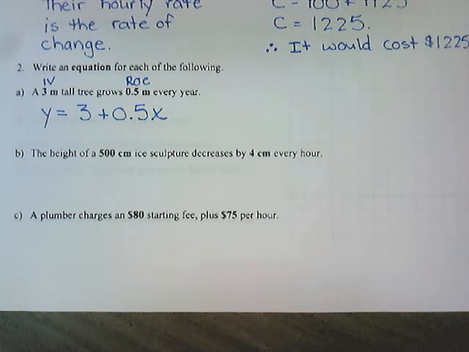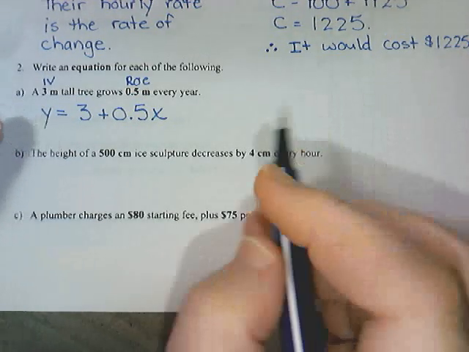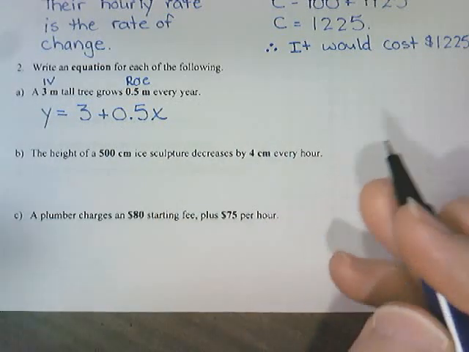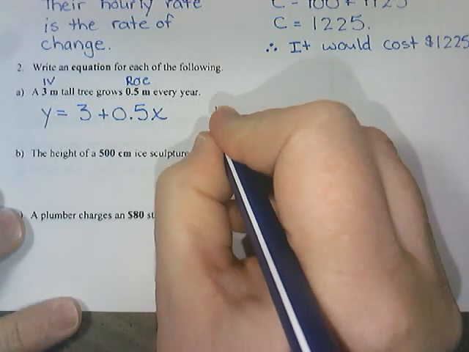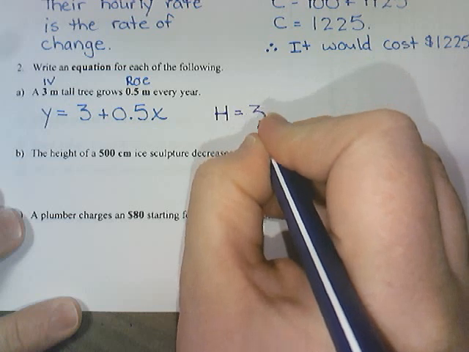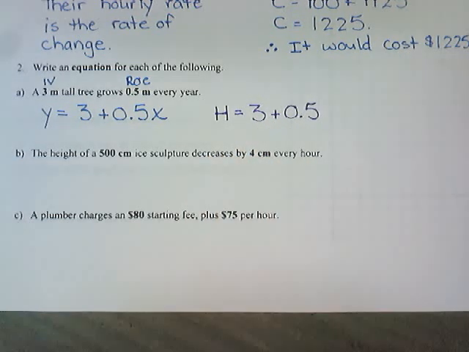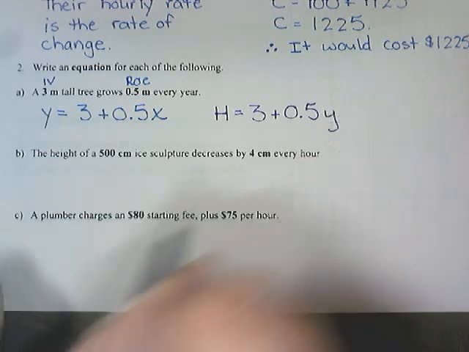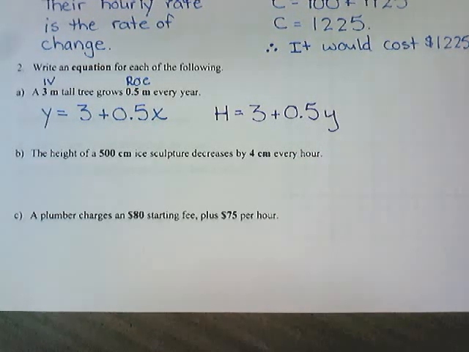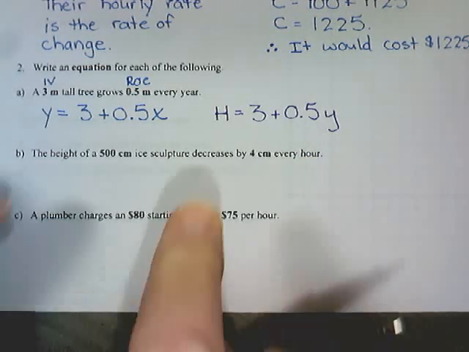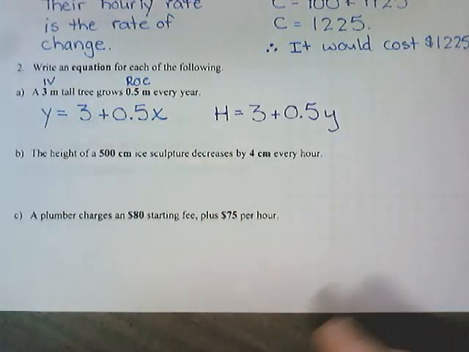Or if you wanted, we could try to pick something a little bit more related to this. So we could say maybe the height of the tree is 3 meters and then plus an additional 0.5 every year. So times y or n or whatever, right? So it doesn't always have to be x and y. You can pick other letters if you think they work better for the equation.